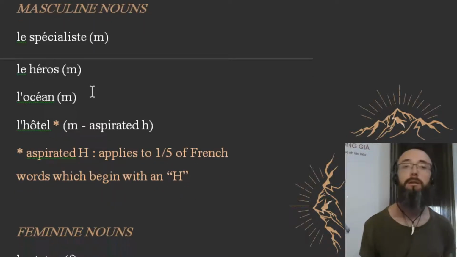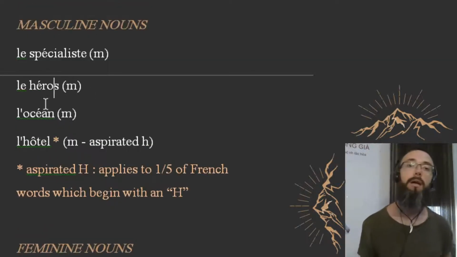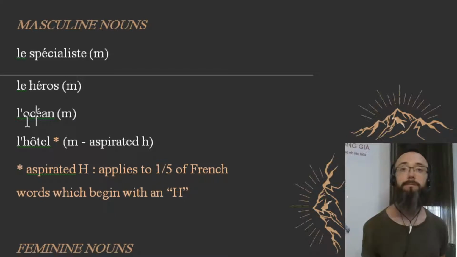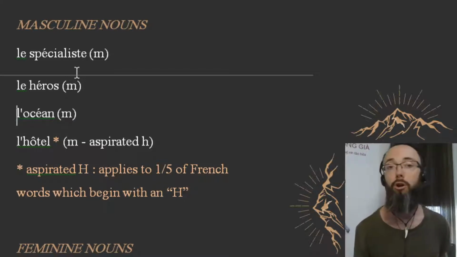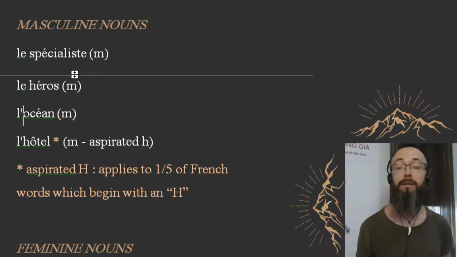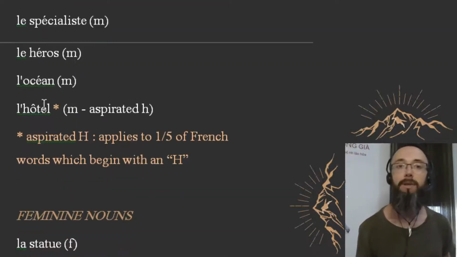Same thing. Masculine and then singular. And then we have the ocean. L'océan. L'océan is followed by a vowel. So le becomes L apostrophe.